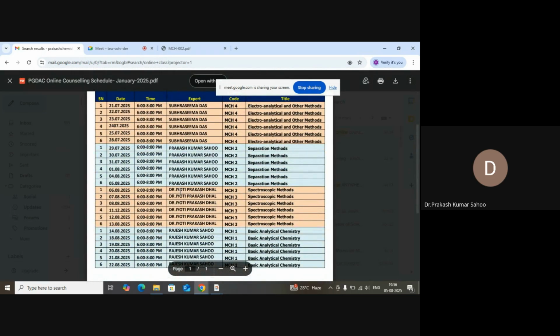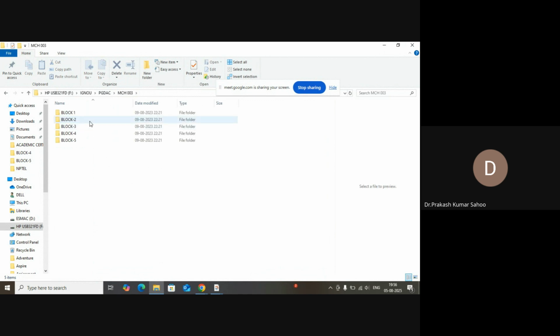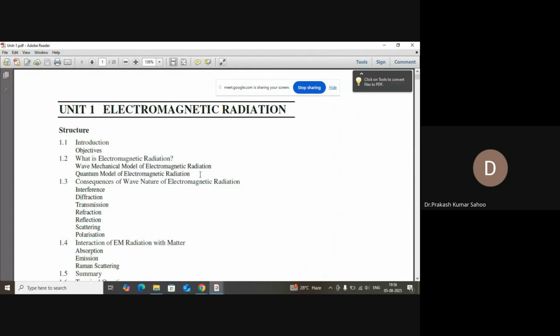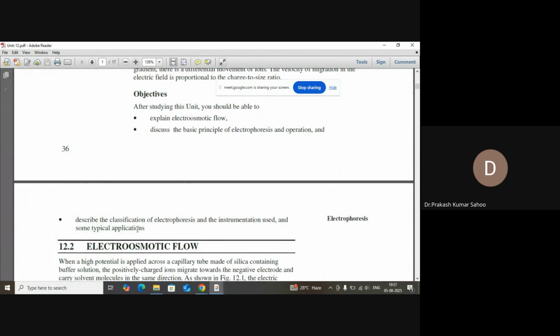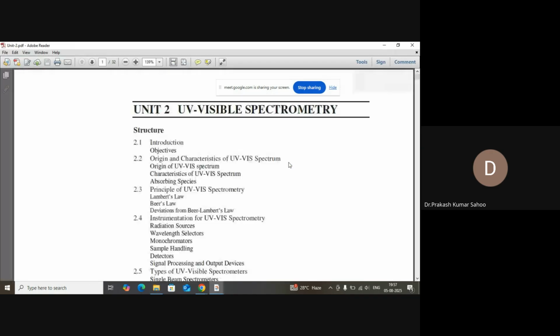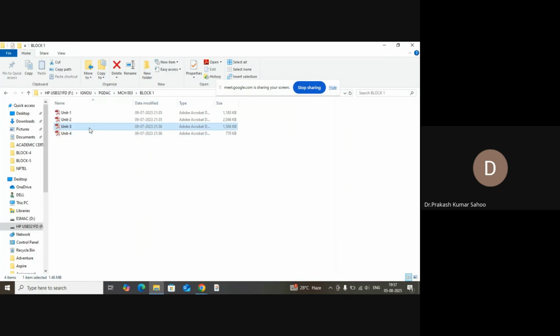Tomorrow you have the class of Dr. Jyoti Prakash Dhar, who will teach you the MCH-03 paper, that is spectroscopic methods. Under this you have the electromagnetic radiation followed by ultraviolet UV spectroscopy. Then you have infrared spectroscopy, then NMR, mass.